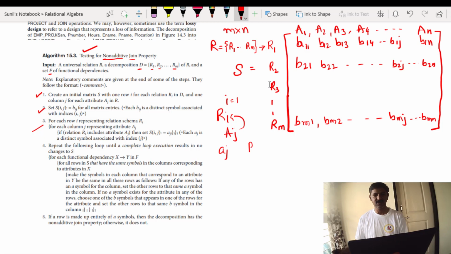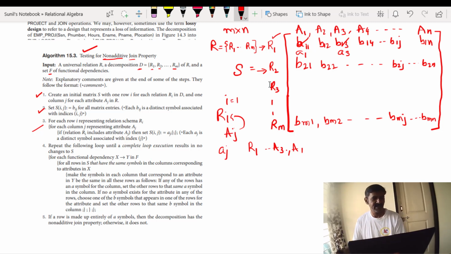For instance, if R1 contains A3, you are going to replace this by aj, which is A3. And if R1 contains A1 also, then you are going to replace this by A1. So whichever attribute is found in Ri will be replaced by aj in each of the rows, taking each Ri at a time. So you have to go through each of the subrelations and see if any bij is to be replaced by aj. That is the third step here.